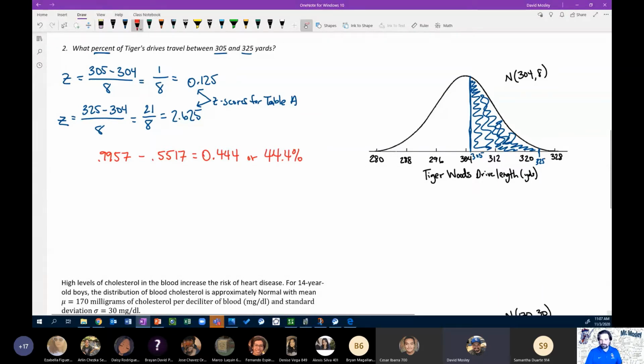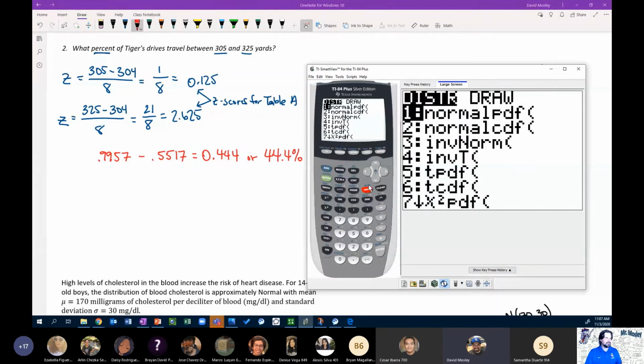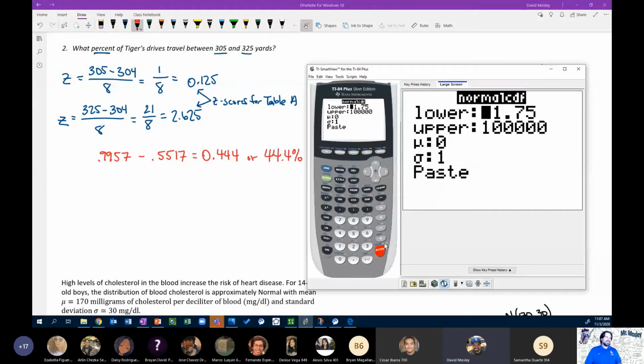Also, we can look at what happens when we do this in the calculator. In this case, we'll go back to this second option here. And now I have a lower and upper bound, so I'm going to put those both in.